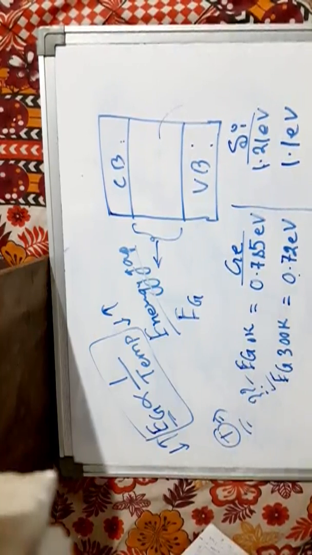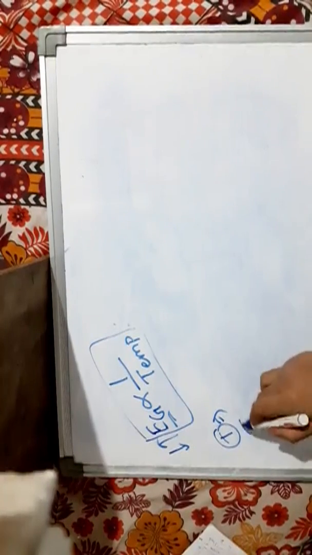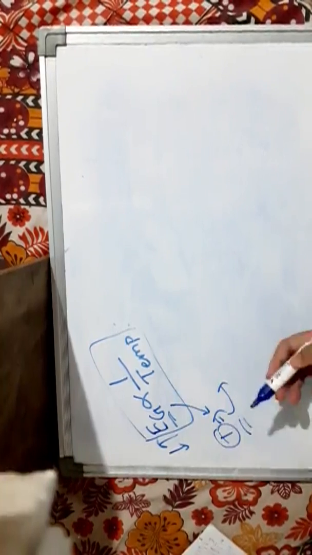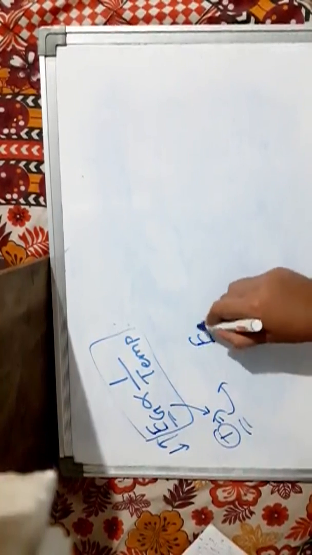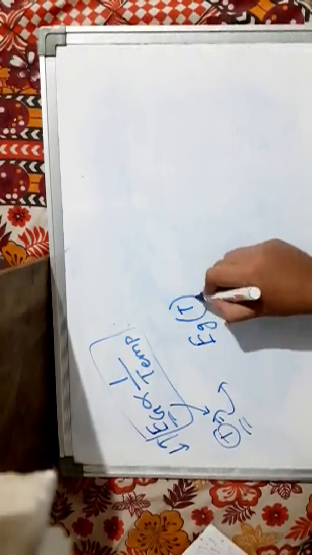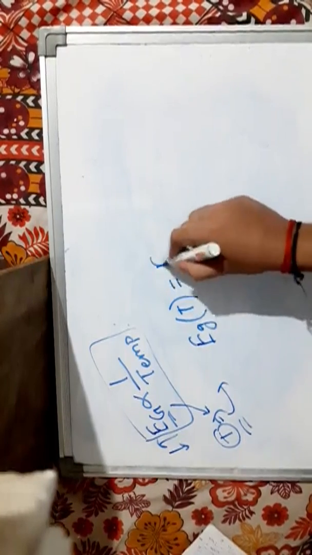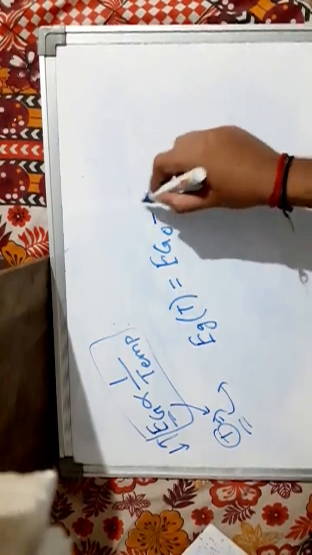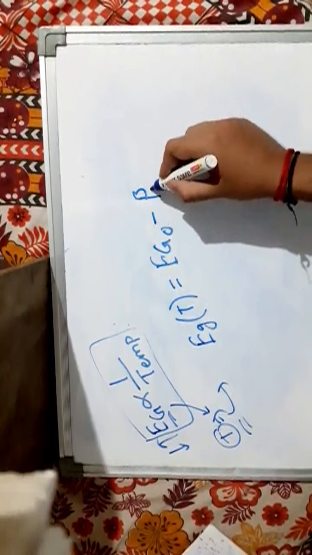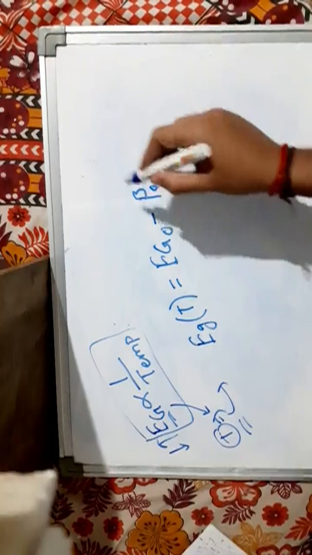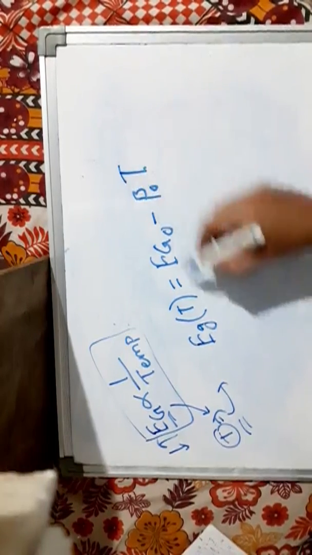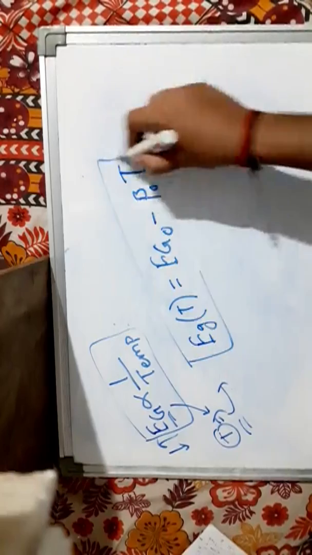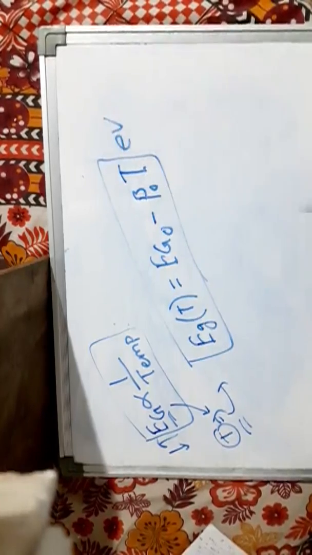The formula is: the energy gap at any given temperature equals the energy gap at 0 Kelvin minus beta naught into T. This is the formula, and the unit is electron volt.